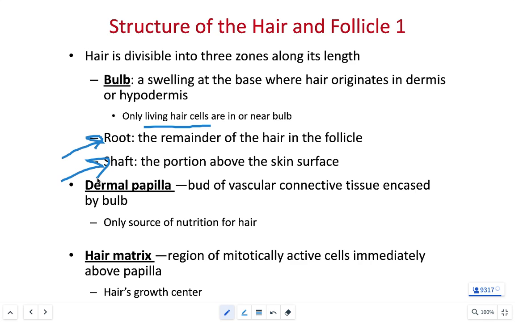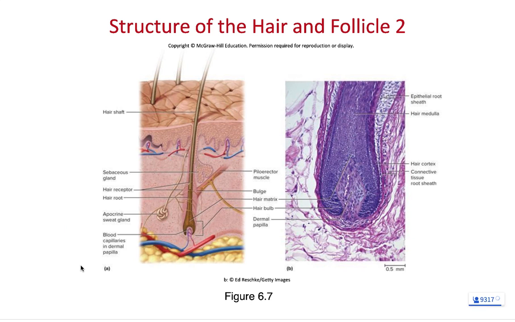This is that term papilla again, but this is a small little bud of the dermis within the center of the bulb that contains a high concentration of blood vessels supplying the nutrients for the hair. And then the part of the hair that makes up its reproducing section and the thickness, the volume of the hair, is referred to as the matrix of the hair.